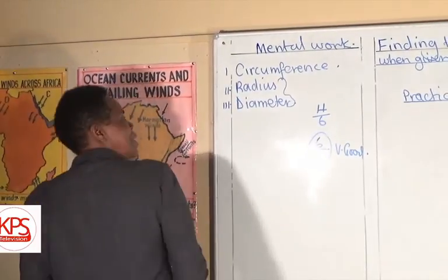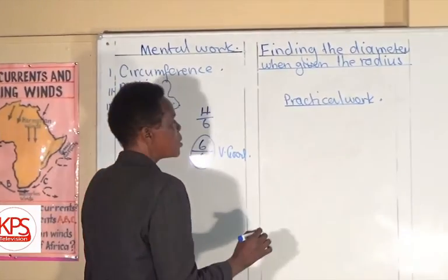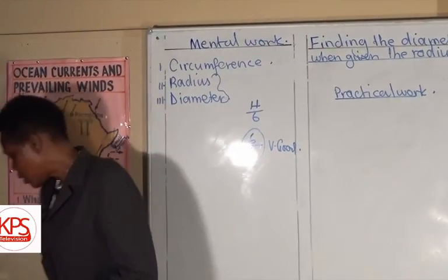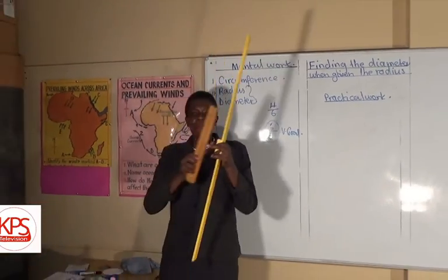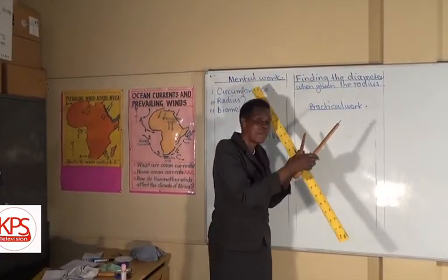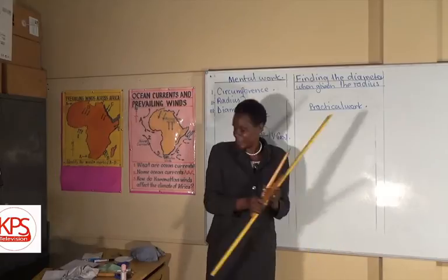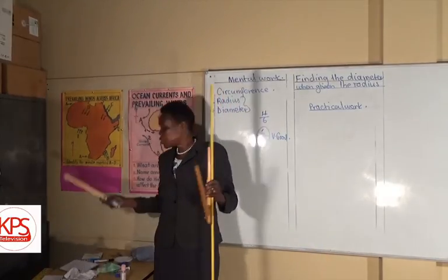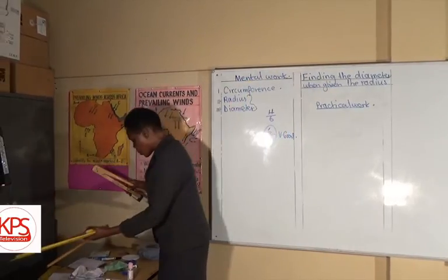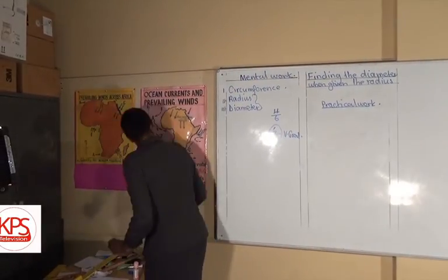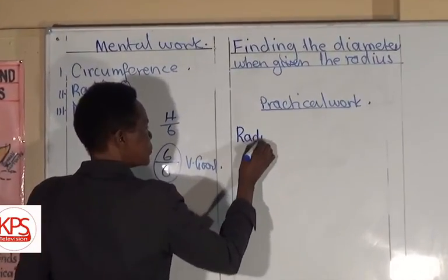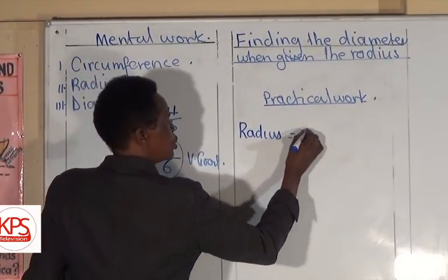So the first one we are going to draw, I want you to have the following materials. I have mine here. You have a pair of divider, should be there. Transfer your measurement from the diagram to the ruler. I want you to get a pair of this. So now we are going to, the first one, radius equals 2 centimeters.